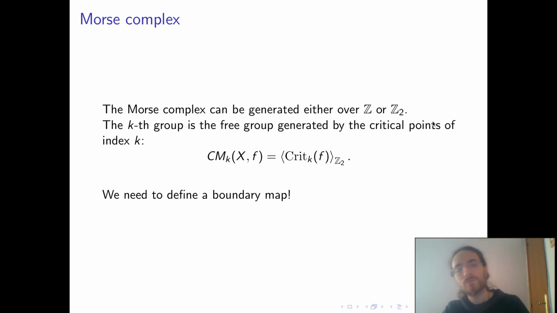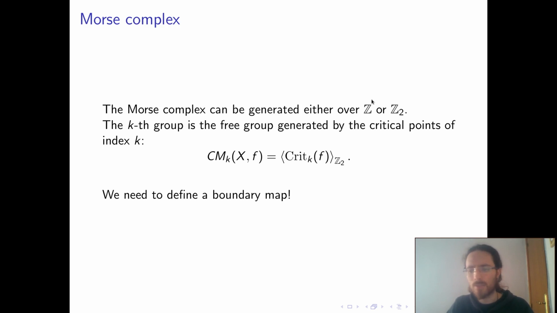So the way to define the groups of our complex will be to use the critical points of a given index of a function. And before we go further, of course you can choose any ring to define your homology. Usually one uses Z, or the real numbers.